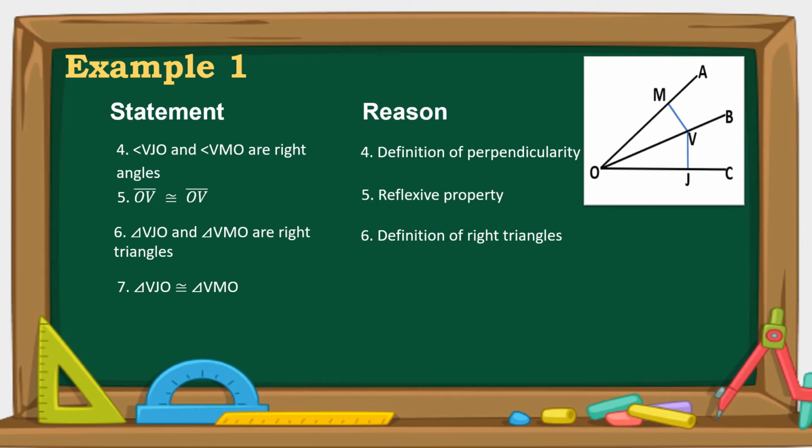Triangle VJO is congruent to triangle VMO. Reason? Hypotenuse acute angle theorem. Statement number 8. Line segment VJ is congruent to line segment VM. Reason? CPCTC, or congruent parts of congruent triangles are congruent.